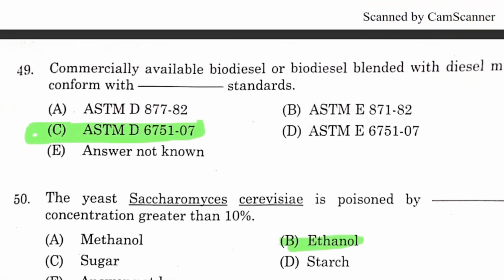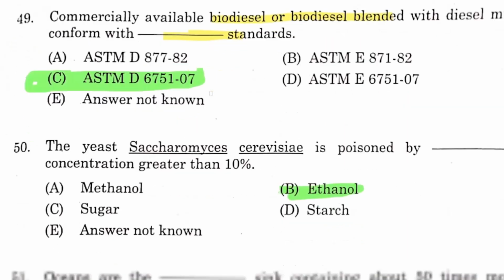Next one is commercially available biodiesel or biodiesel blended with diesel must conform with the standard. So that is ASTM D6751-07 standards for this commercially available biodiesel and biodiesel blended.